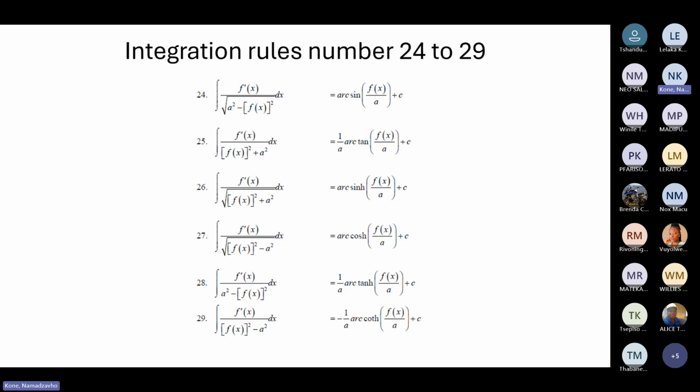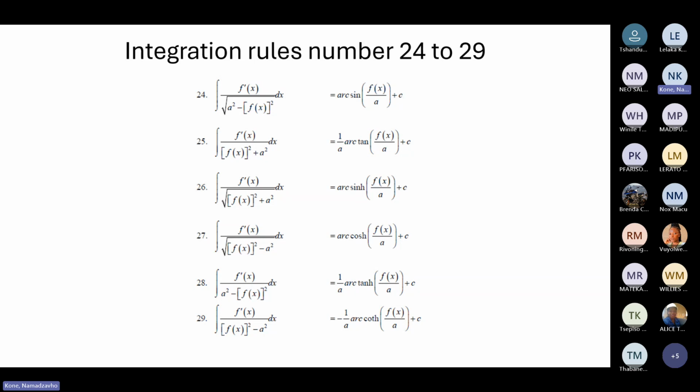So this is the inverse of sine of f of x divided by a. And the a on the right hand side is that number inside that square root, which is squared there. So it must come on the right hand side as the denominator of the function f of x inside sine inverse, and then plus c.